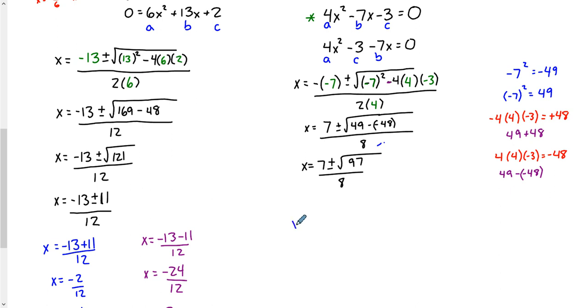So you could write it as 7 adding and subtracting 9.8488 all over 8. Or, I guess if we're doing it separately, we can do just the one at a time.